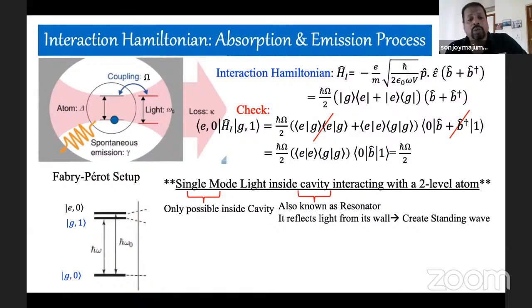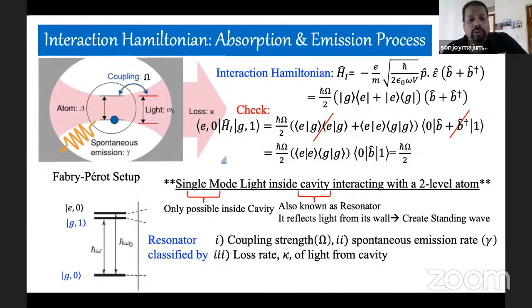That's because the light, or the photons created inside, can bounce back and forth, reflect and make a standing wave kind of thing. That's why they also call it a resonator.